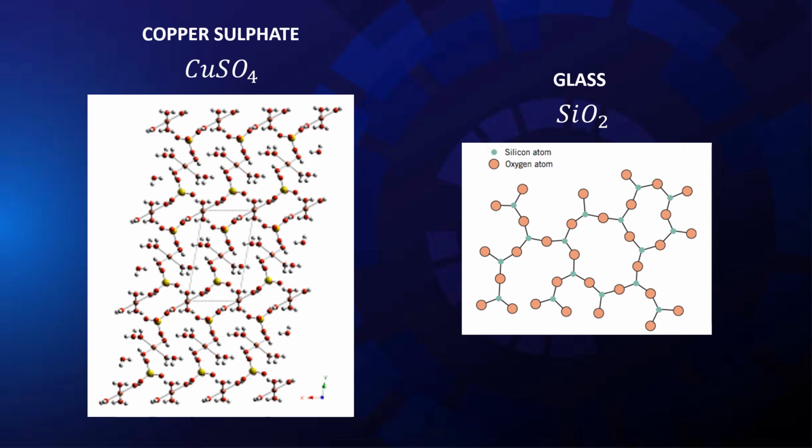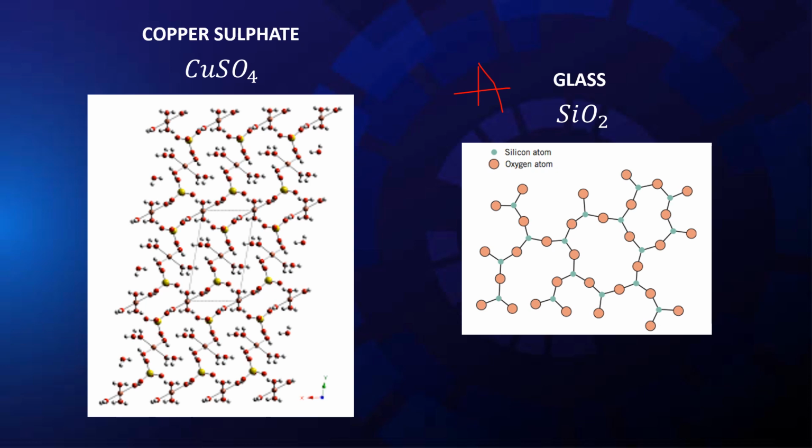So this is where we get the difference, the difference that we have to understand between crystalline compounds and amorphous compounds. Since glass is an amorphous compound, we do not have regular bonding between atoms.